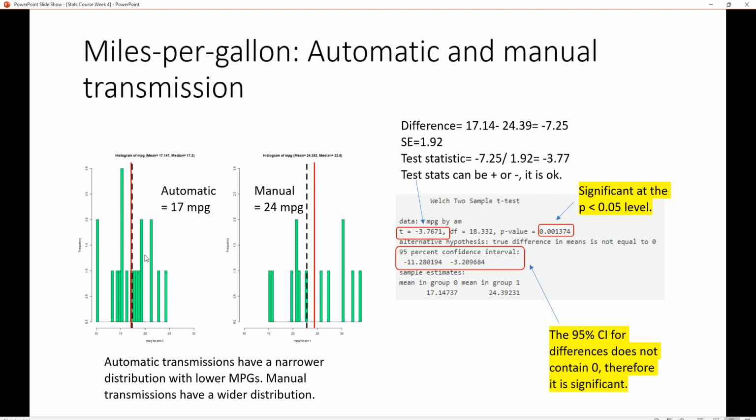On the left, we have the automatic transmission. On the right, we have the manual transmission. So with the automatic transmission, we can see that the distribution is a little bit tighter. It's a little bit more narrow. It peaks higher, so there's a greater density of cars, probably with their MPG between 15 and probably 17.